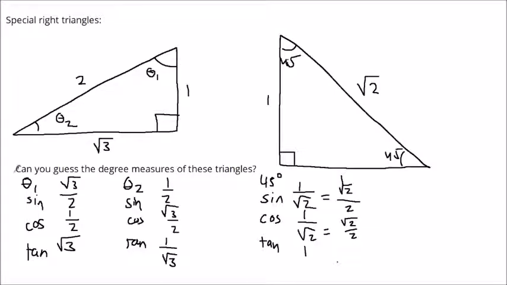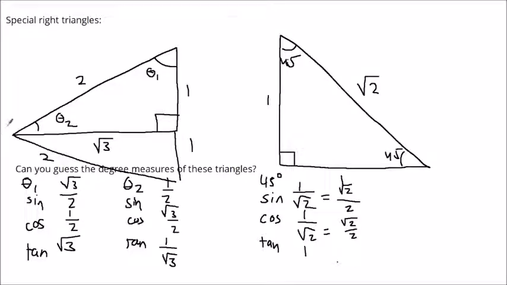So, what is the degree measure of 1 and 2? Well, if you think about it, that's 2, this is 1. If we make another triangle, okay, sorry for the scuffiness of that. If we make another triangle with 1 and 2 again, what does this become? It becomes a 2, 2, 2 triangle. It becomes equilateral.